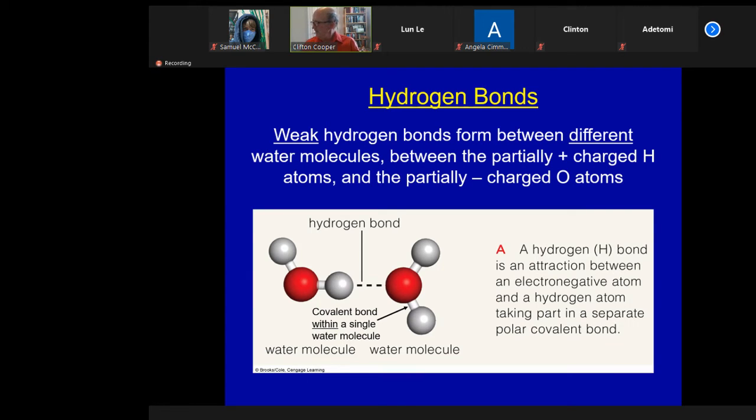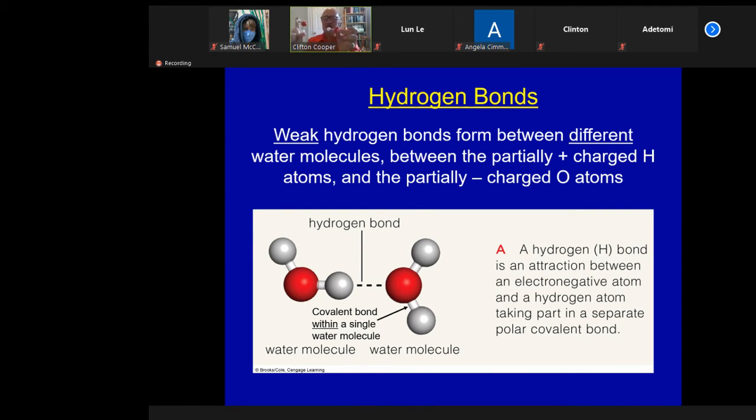I mentioned we would be getting to these things called hydrogen bonds. And that is where we have a weak bond forming between two different atoms, because we have areas on the atoms that are positive or negative, and the different atoms will then be attracted to each other at these different spots.